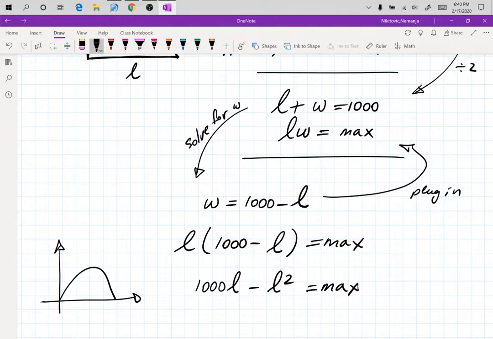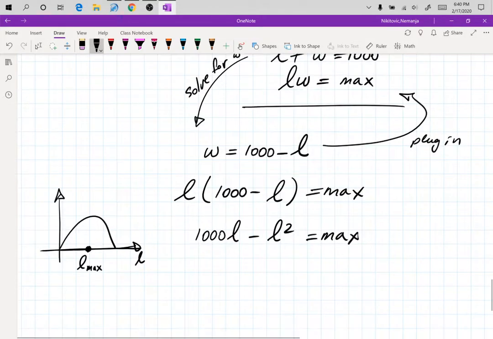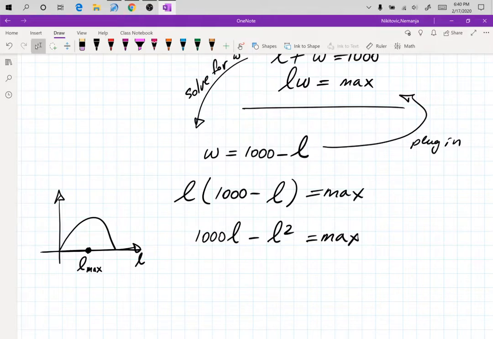And this axis here is your L axis, and there's going to be this special L max, I can call it. But that L is going to give you the largest area, and then you can use the perimeter formula to figure out what your W is.